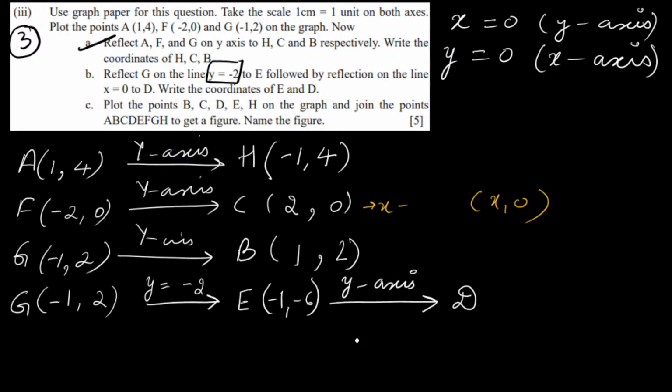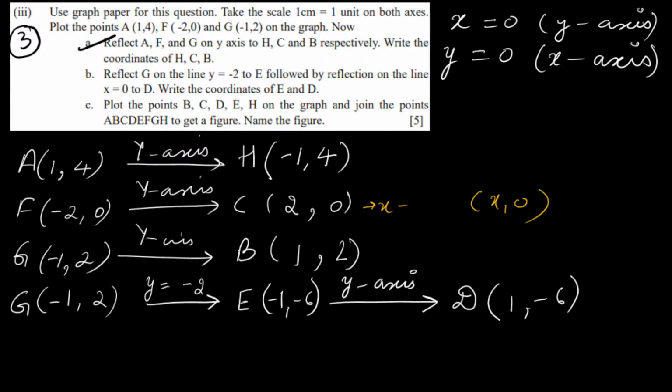Now we have to do this point's reflection through y-axis. Without plotting also we can do it. In y-axis reflection, y will remain same, x will change. If E is reflected in y-axis, y will remain same, so minus 6 stays, and minus 1 will change to 1.